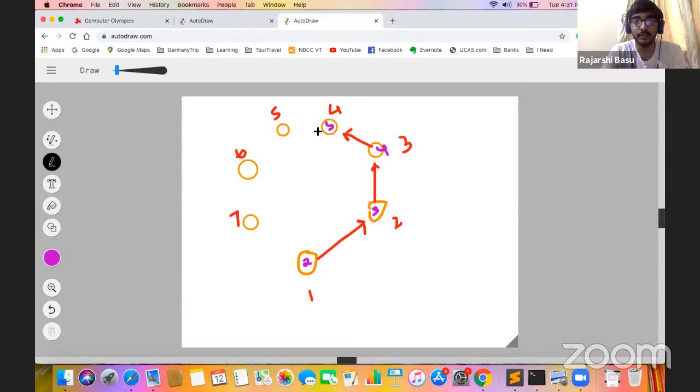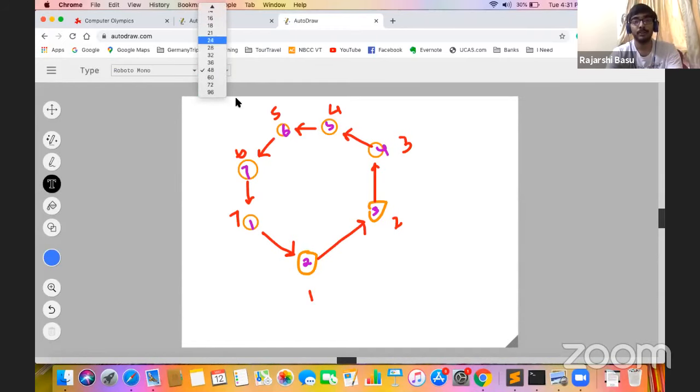5, 6, 7, and 1. So the array that this represents is the following: 2, 3, 4, 5, 6, 7, 1, right?